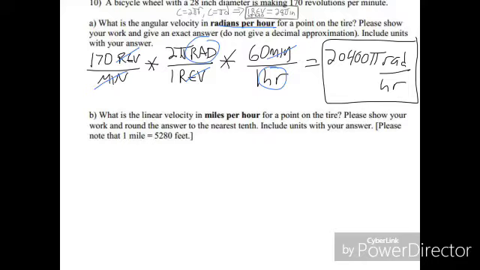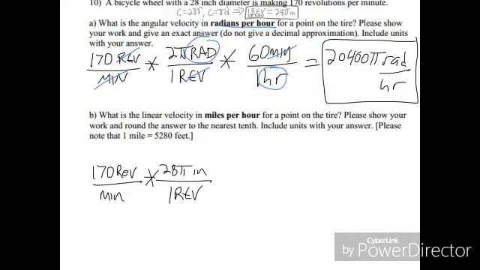Let me start at the very beginning. So we started with 170 revolutions per minute. Now, 1 revolution, instead of 2 pi radians, we can use 28 pi inches. This is where our circumference information came into play. Okay, keep track. Where are we? We are in inches per minute. Let's get to, from inches, 12 inches in 1 foot.